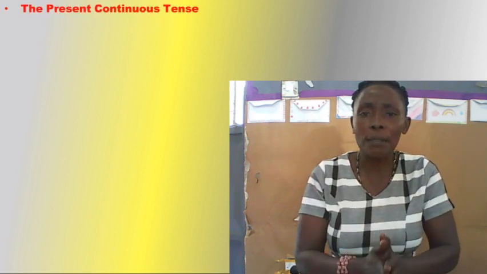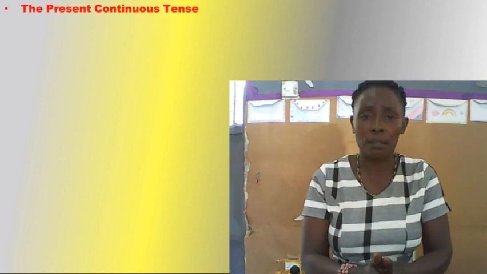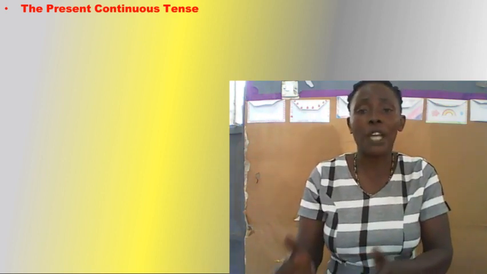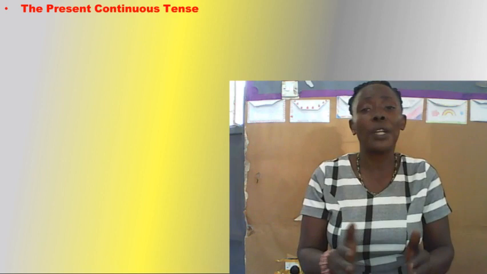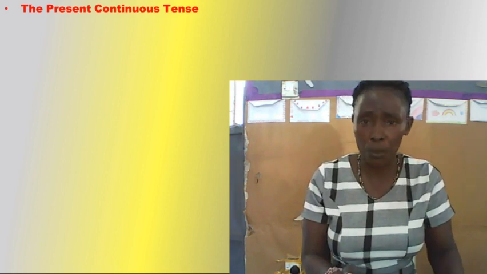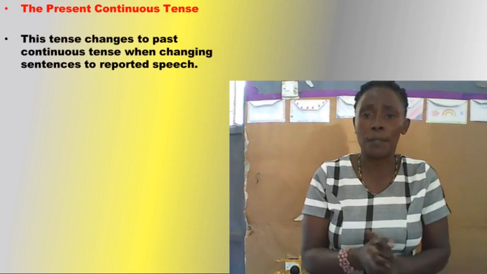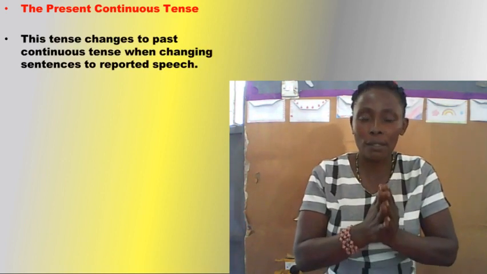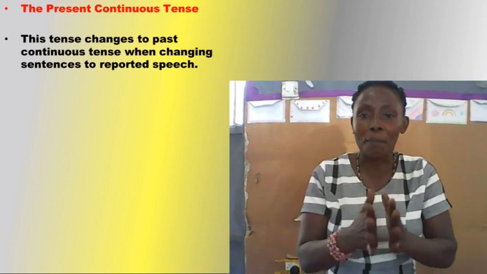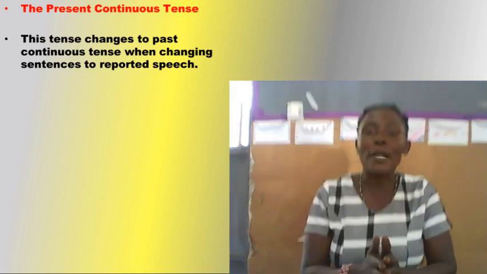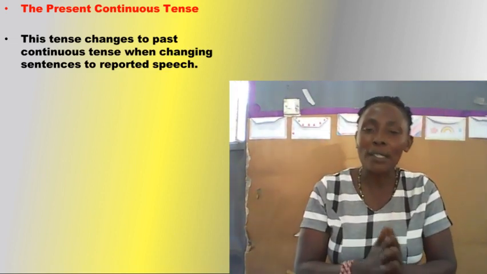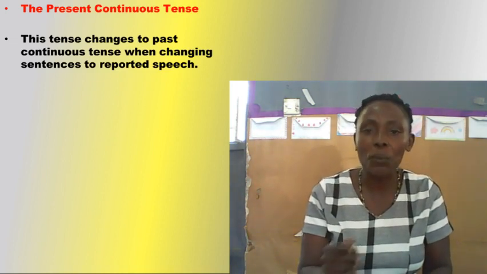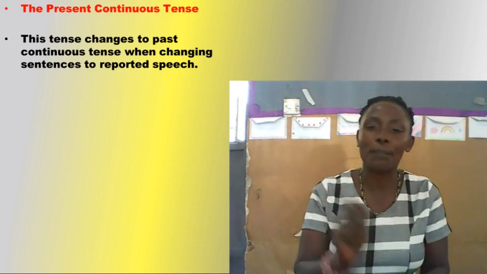I want to look at the present continuous tense. If you are given sentences in direct speech which are in present continuous tense, and you change them to indirect speech, what are you supposed to do? You have to take note of this. The present continuous tense must be changed to past continuous tense when changing sentences to reported speech.